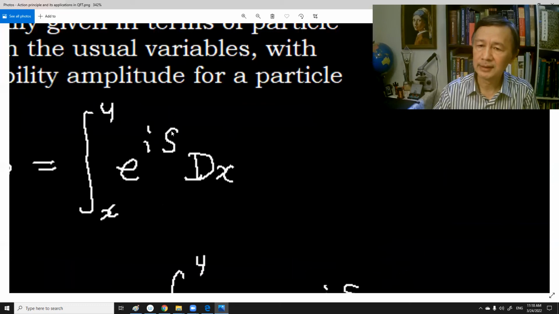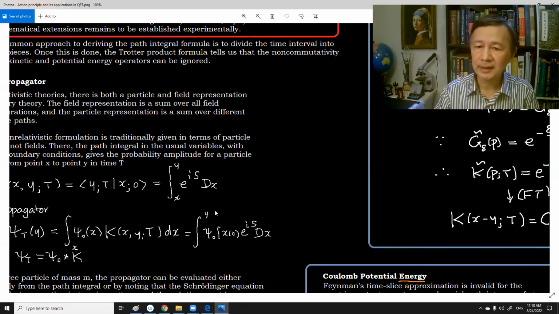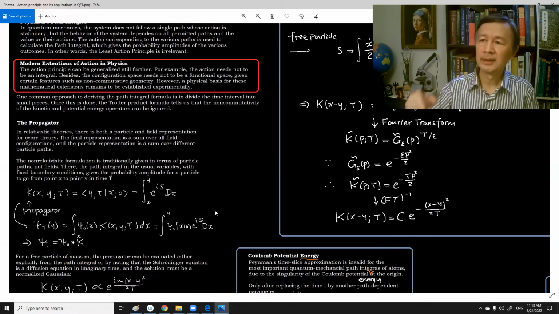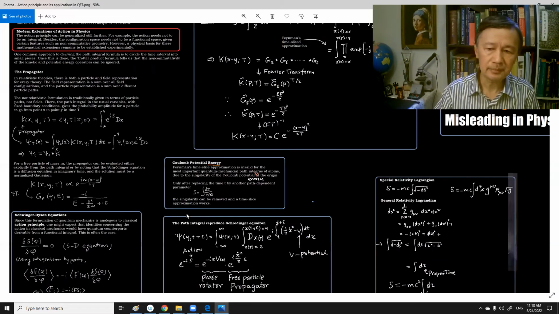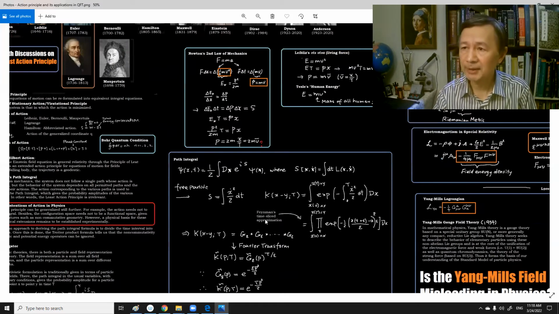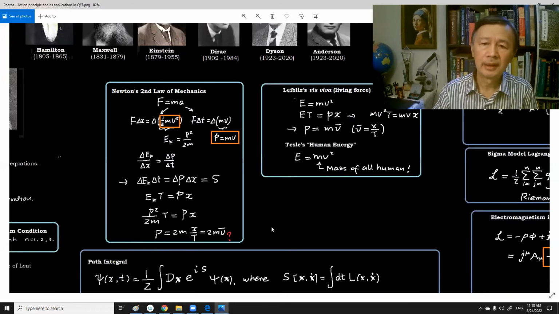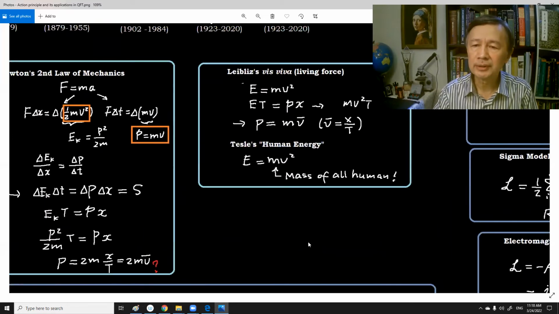You see, this S represents the action. Of course, action in this case is defined in quantum field theory, so it's a totally different idea, but the mathematical forms are similar. Here I will not go into detail.